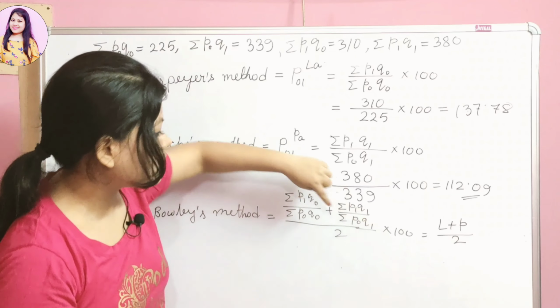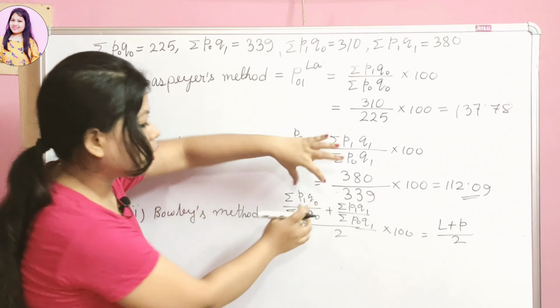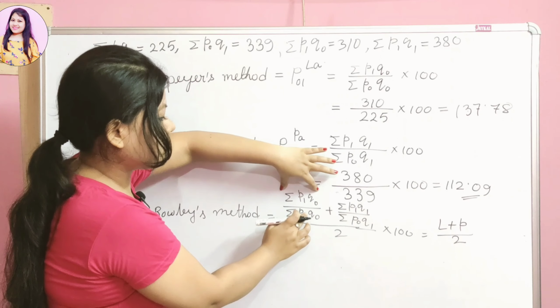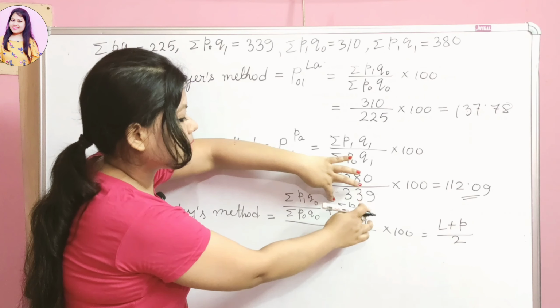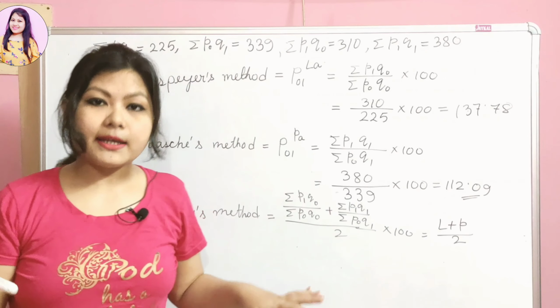So 100 will be here. If you simplify this formula, then summation of P1 Q0 divided by P0 Q0 into 100, then summation of P1 Q1 divided by P0 Q0 into 100, divided by 2.